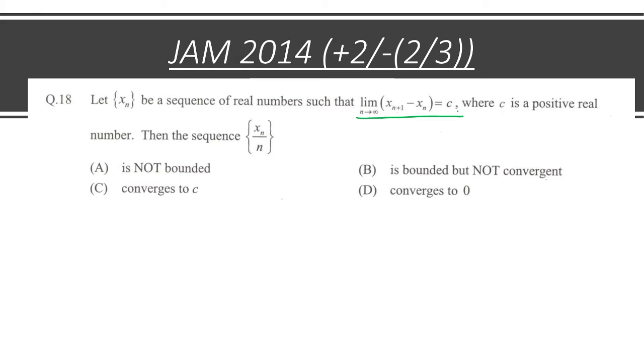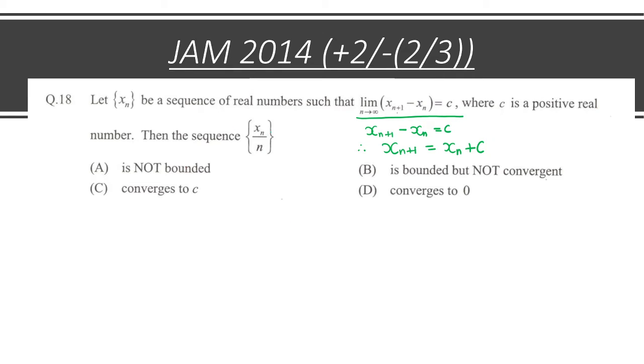This tells me that for a sufficiently large value of n, the difference between xn plus 1 and xn is equal to c. That means xn plus 1 would be equal to xn plus c, or I would say it is very close to it. I am writing equal to, but it would be very close to it for a sufficiently large value of n, where c is some positive real number.